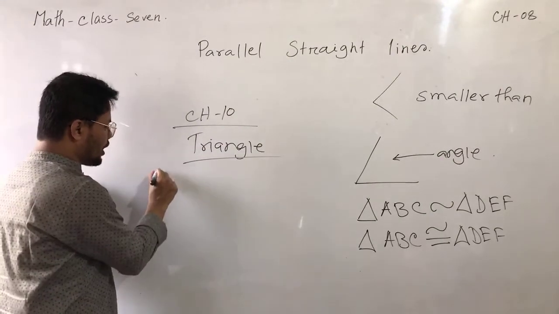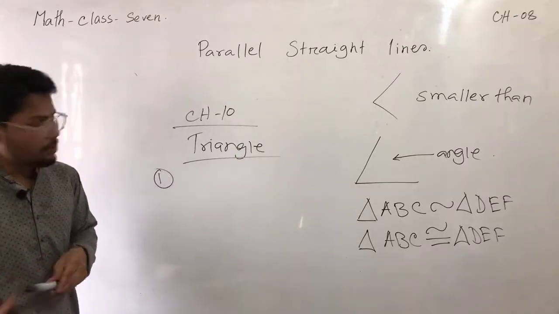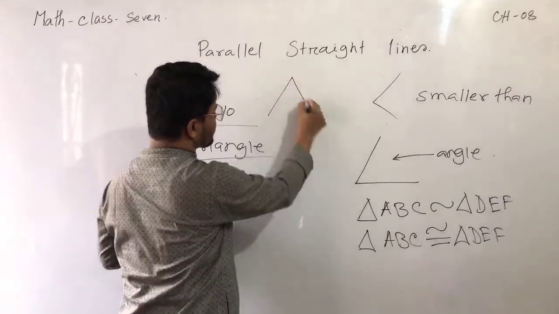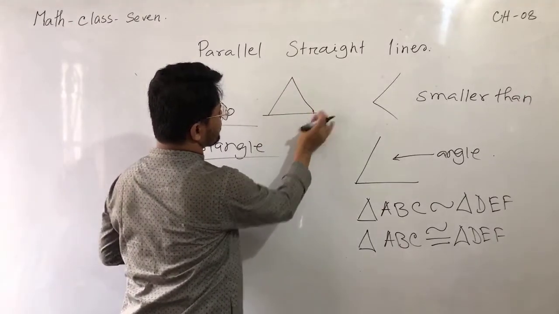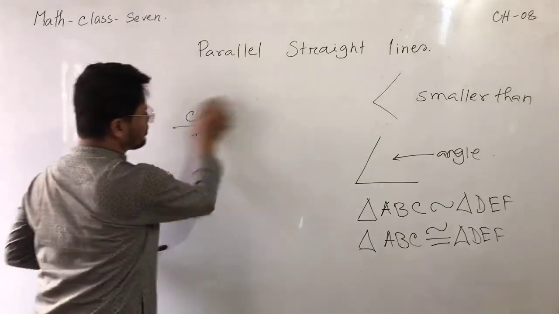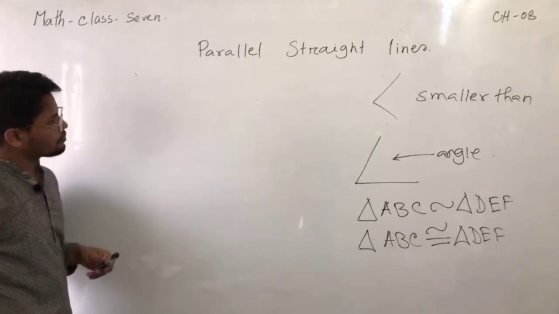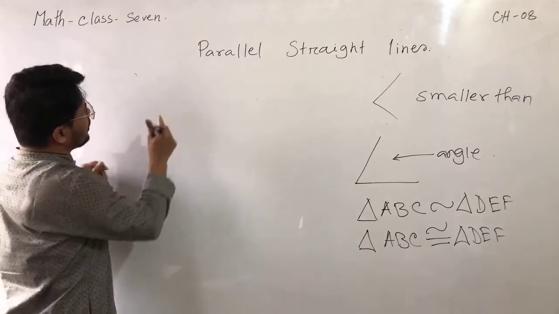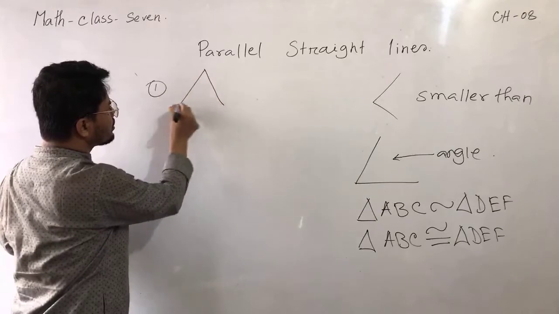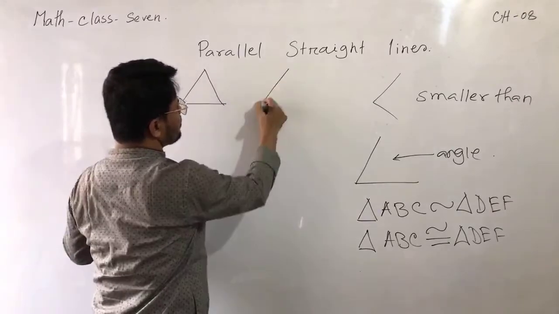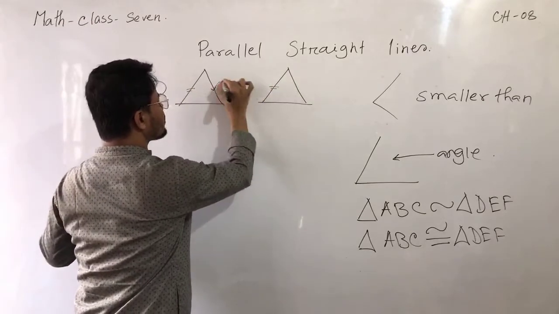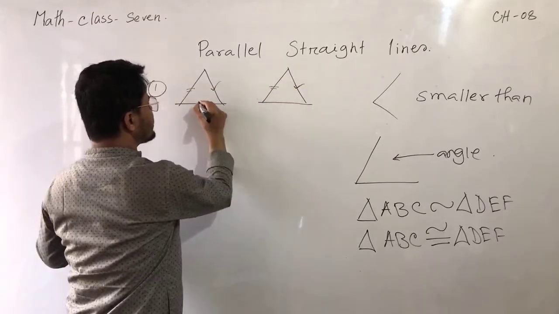Number 1, like there are 2 triangles. Give attention. 2 triangles, like this one is. Consider this one is. Like the first concept, number 1, when the 3 sides are equal, like this one with this one, and this side is this side.